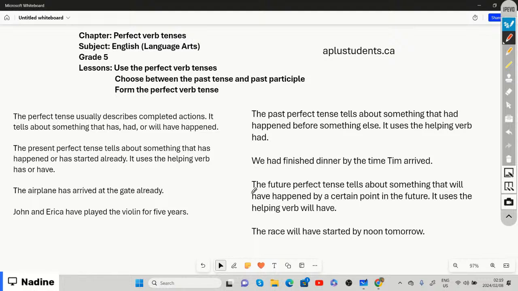So once again, we have our perfect verb tenses.